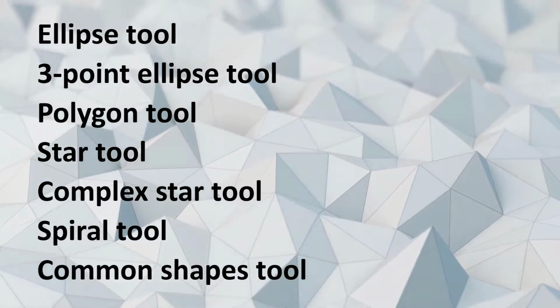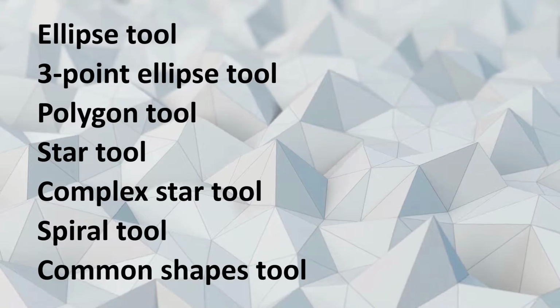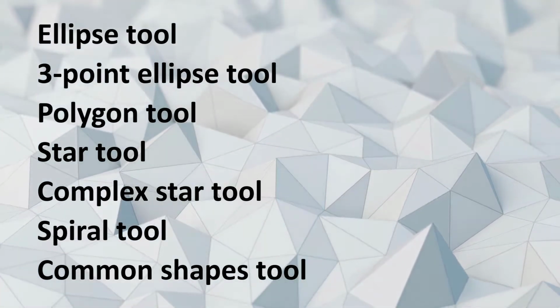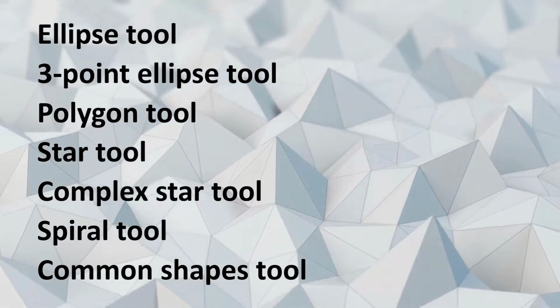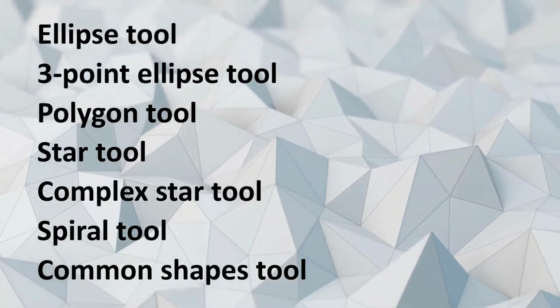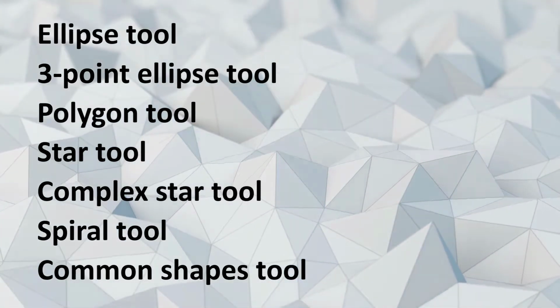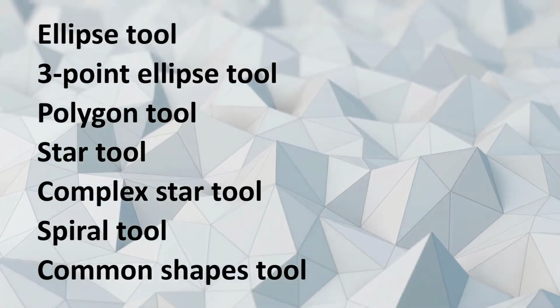Star tool lets you draw perfect stars. Complex star tool lets you draw complex stars that have intersecting sides. The spiral tool lets you draw symmetrical and logarithmic spirals. Common shapes tool helps you to select from a complete set of forms, such as a right angle triangle, smiley face, and a hexagram. You can draw arrows and slanted rectangles.